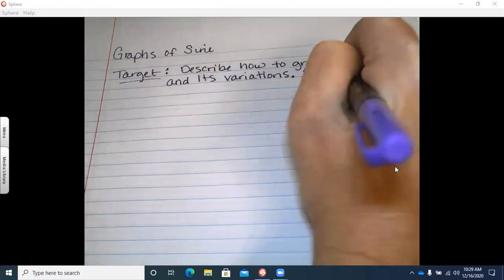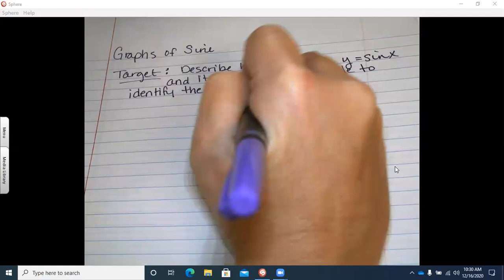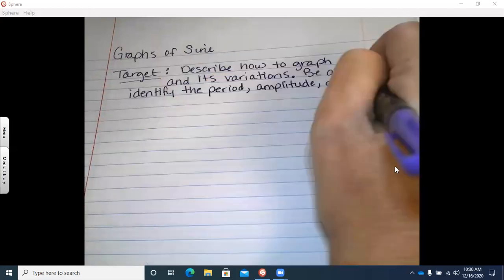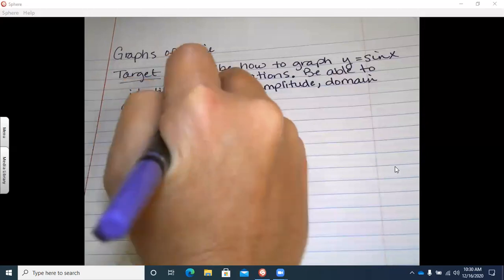Be able to identify the period, amplitude, domain, and range, phase shift, and any vertical or horizontal stretches or shrinks.